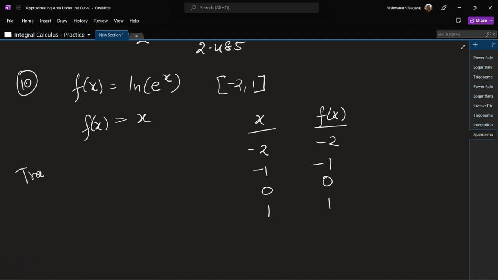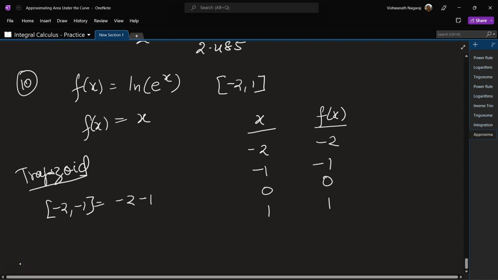And again, using the trapezoid method, we get areas as -2 to -1. Area would be -2 plus -1 by 2, which gives us -3 by 2.